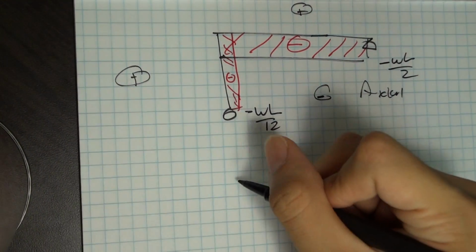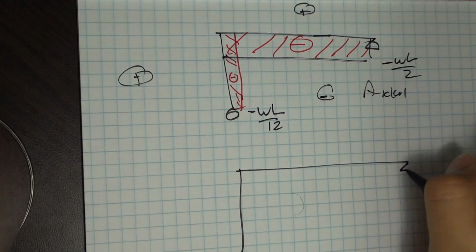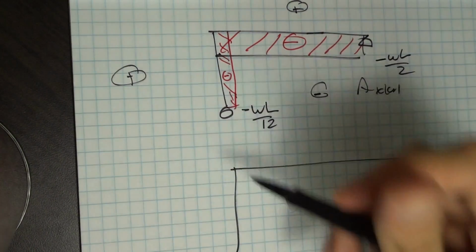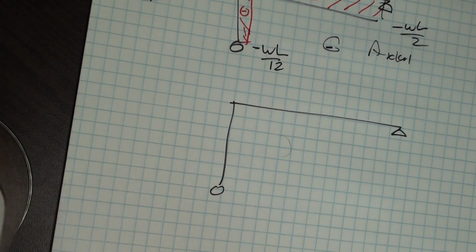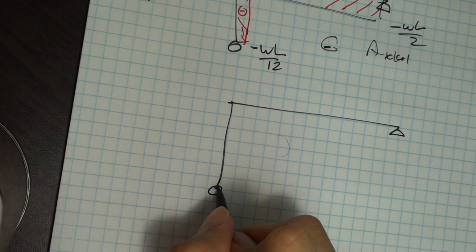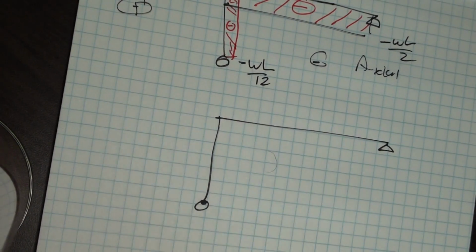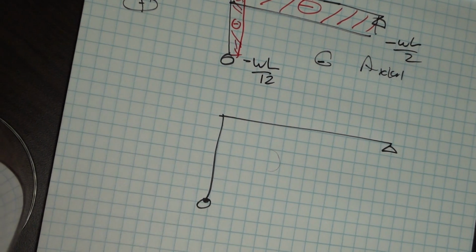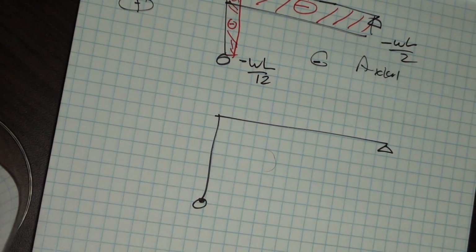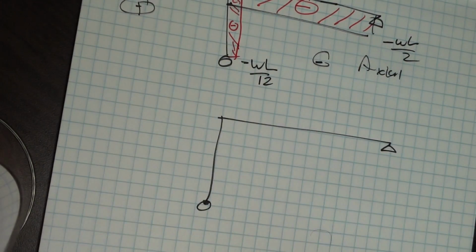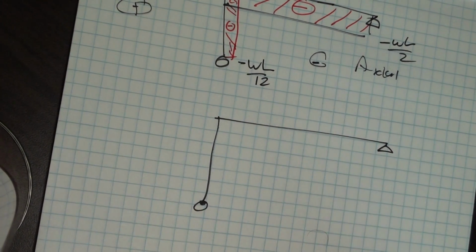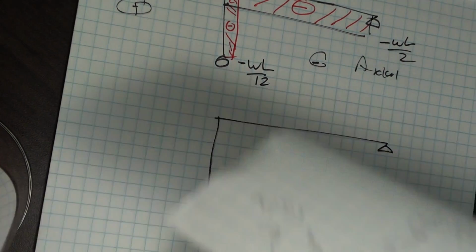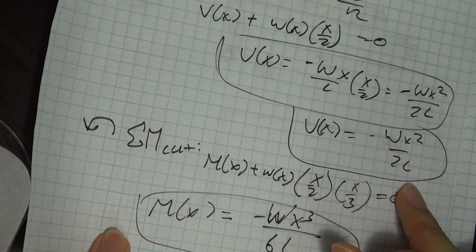Now let's look at shear. For your shear, we start off at 0 shear here. Normally you start off at non-zero shear because you have a reaction, but in this case there's only a roller, and that roller is only causing an axial force. So in the vertical member, I have negative Wx squared on 2L.